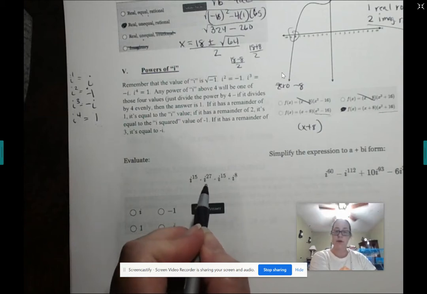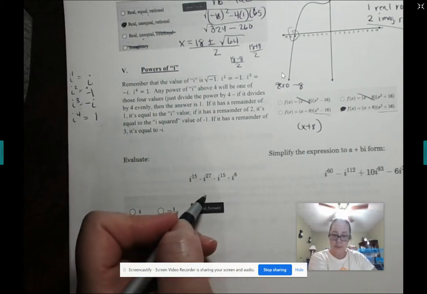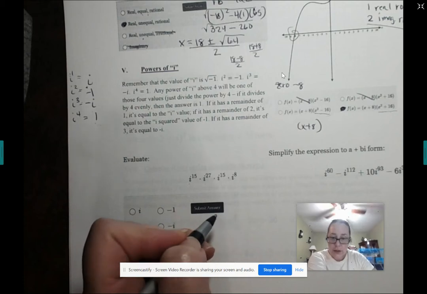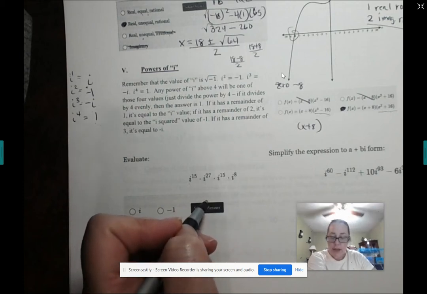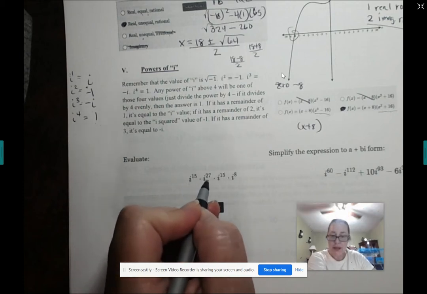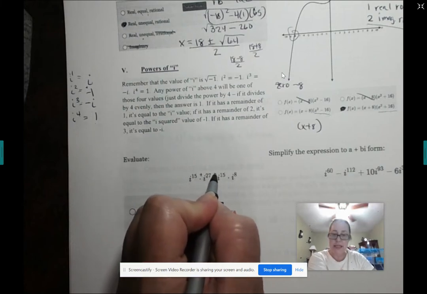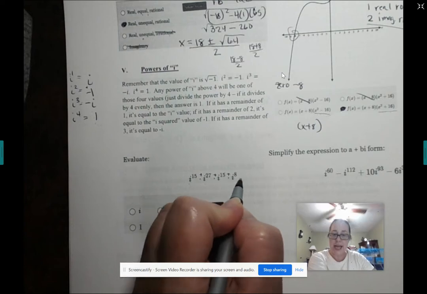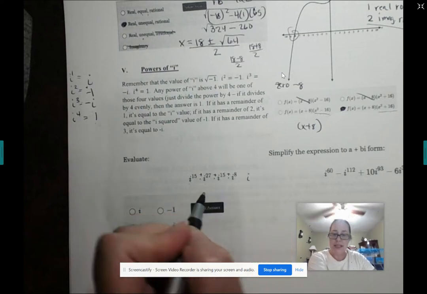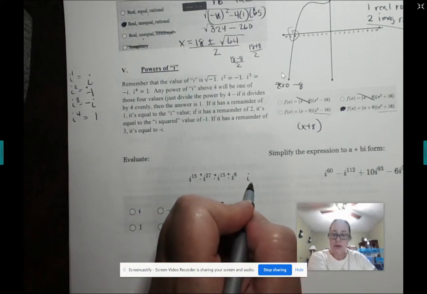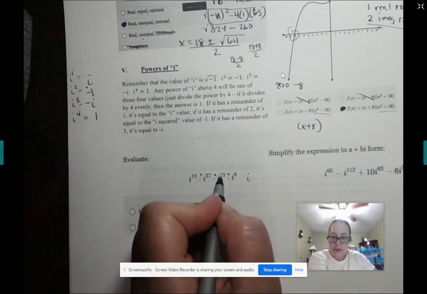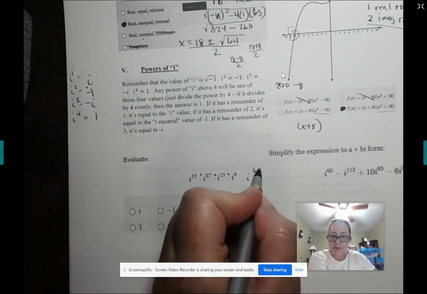Now this is 4 different imaginary numbers, all with different exponents. Now, you know that if you multiply things that have the same base together, you can add those exponents. So I'm going to add 15 and 15 and 27 and 8. What that's going to end up giving us is i to the power of 65.